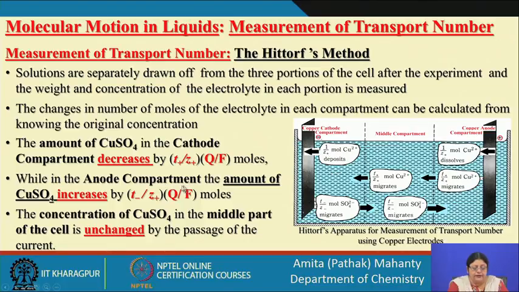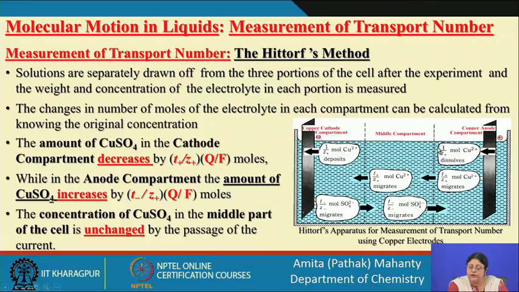While what happens in the anode? Sorry, this should be a negative sign. So, in the anode compartment, what happens? You have an increase in concentration. What happens? 1 by Z plus moles of copper 2 plus ion dissolved. So, what is the total change in moles?